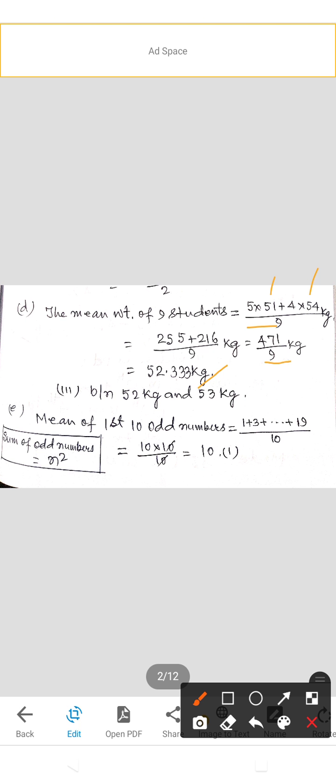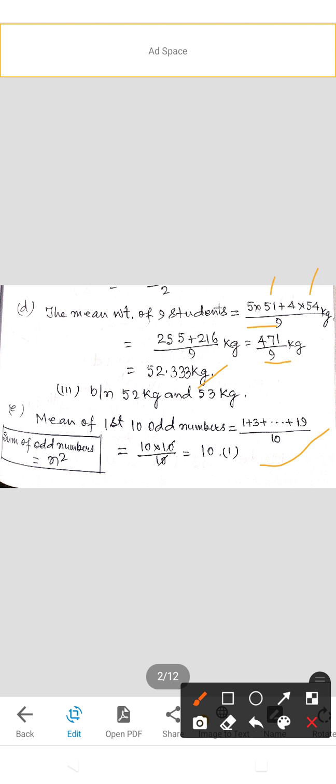Now question E. The mean of first 10 odd numbers is. The mean of first 10 odd numbers equals (1 + 3 + 5 + 7 + ... + 19) by 10.